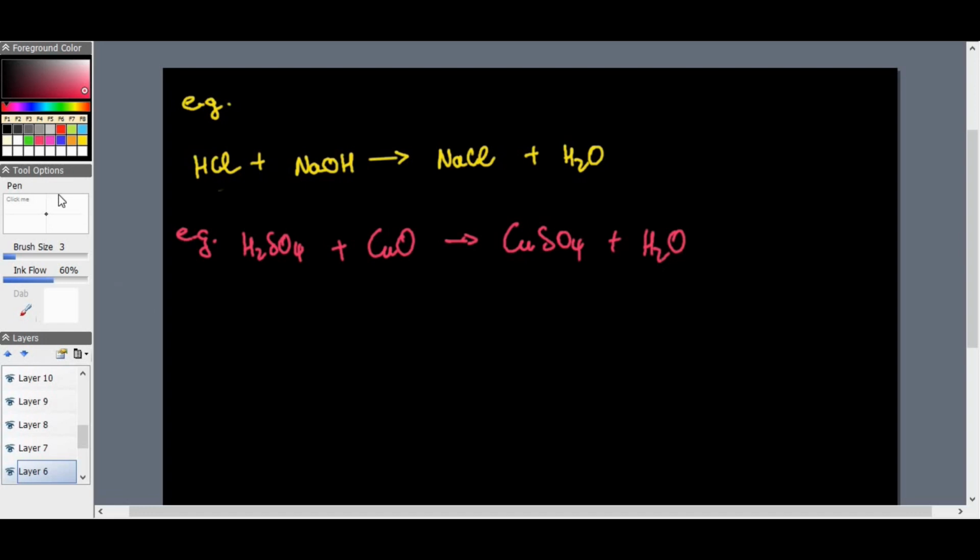And then the last one, what happens if we react an acid with a metal carbonate? So let's take an acid here of HCl plus sodium carbonate, Na2CO3. We're going to get a salt, so that definitely looks like it's going to be table salt again, NaCl, plus water, plus carbon dioxide.